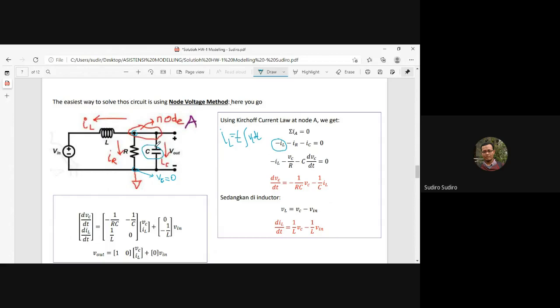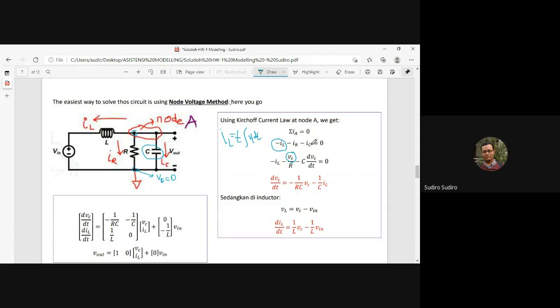Then we can say that the voltage of the resistor is equal to the voltage across the capacitor, which we call Vc. Then we can write that the current through the resistor is equal to Vc over R.